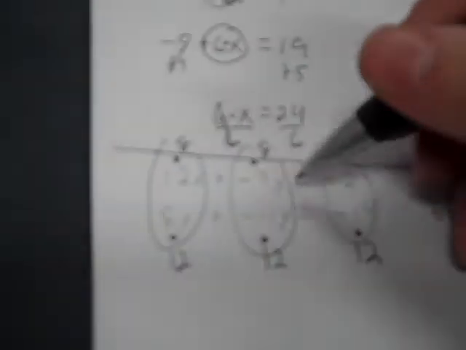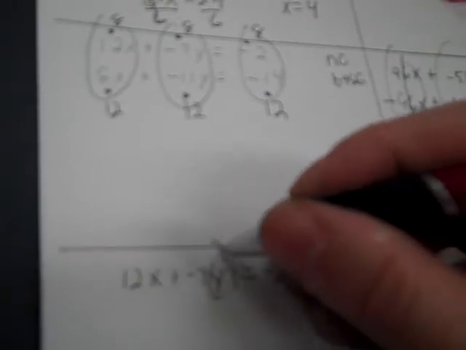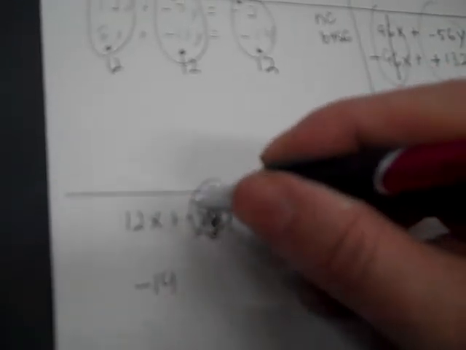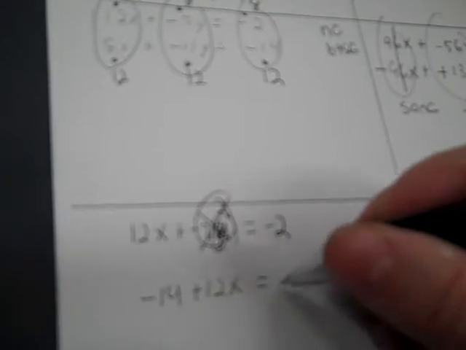Now the x, I just write 12x plus negative 7y equals negative 2. And we have our answer for y as 2, so I will take negative 7 times 2, and that's negative 14. Now I want to add 12x, and then equals negative 2.